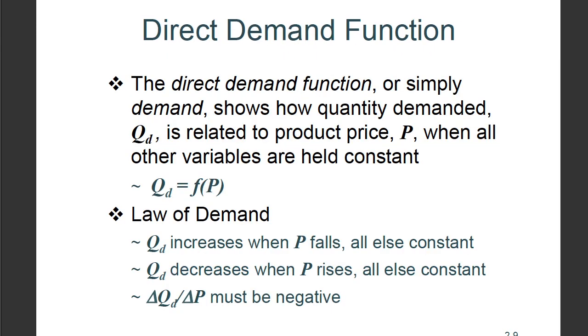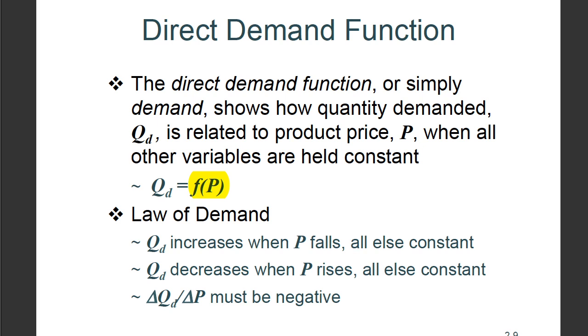However, we are going to depict the demand function in 2 dimensions only, and we pick price as the variable we're going to present it with. And we're going to do something else. Even though the quantity demanded is a function of all those variables, we're going to focus on price.